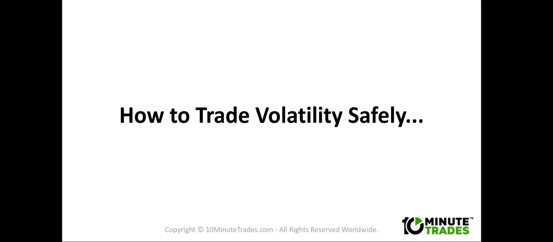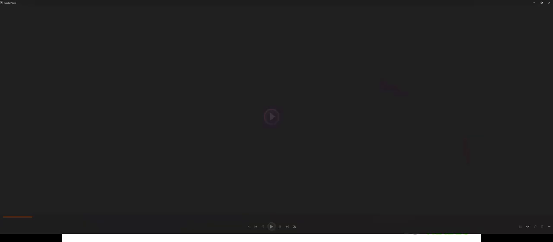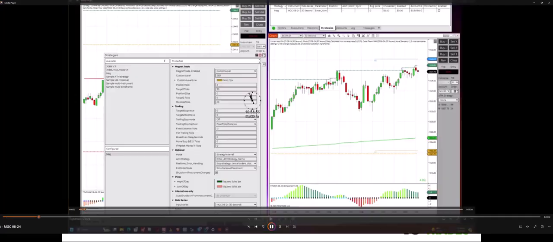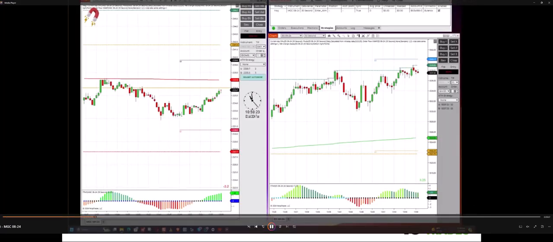What's also cool about our software is, let me see if I could show you one more thing. Give me a second. This particular magnet was a VWAP magnet. That's a custom magnet.